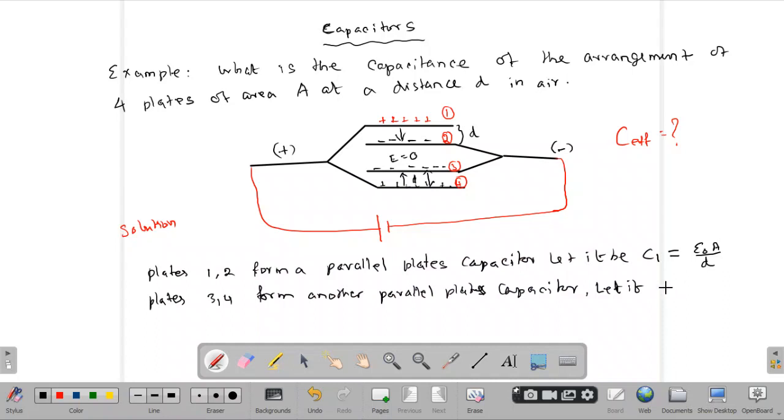Let it be C2. Epsilon naught A by D. Epsilon naught A by D.